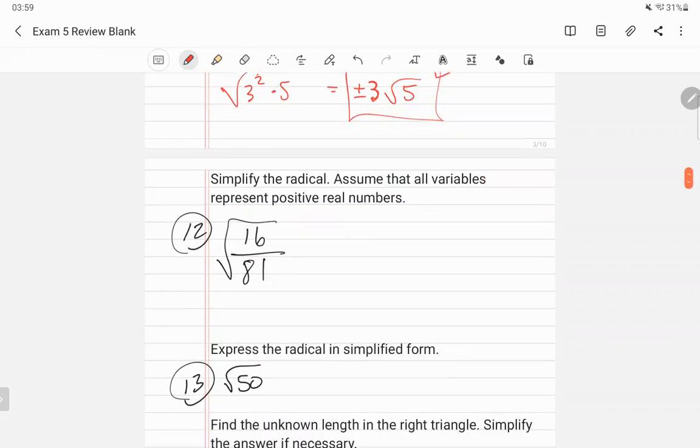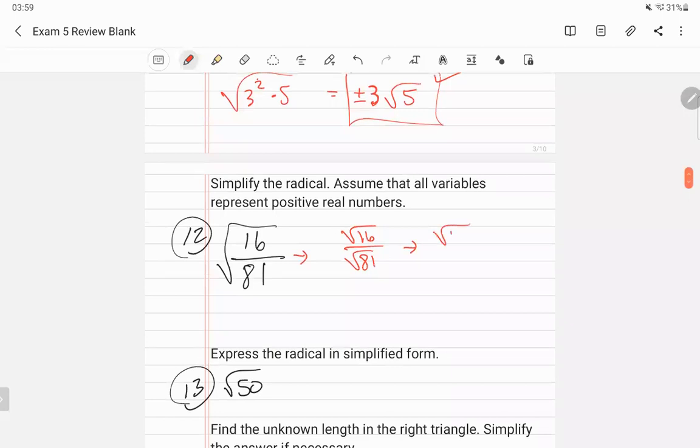Okay. Here we can split this to be square root of 16 over square root of 81. So that's square root of 4 squared over square root of 9 squared, which will give us plus or minus 4/9.